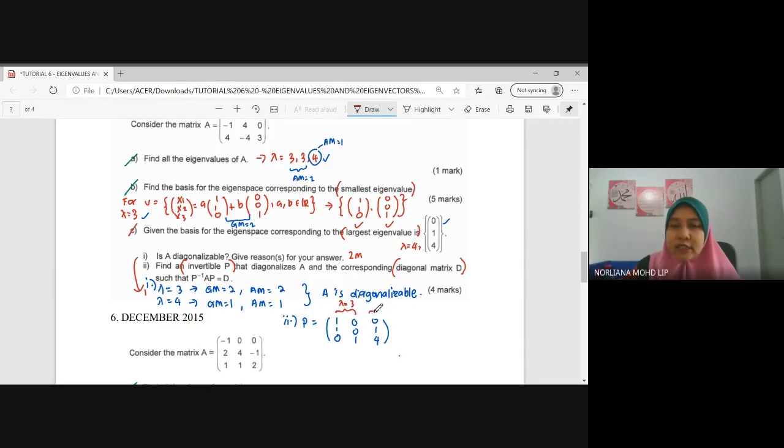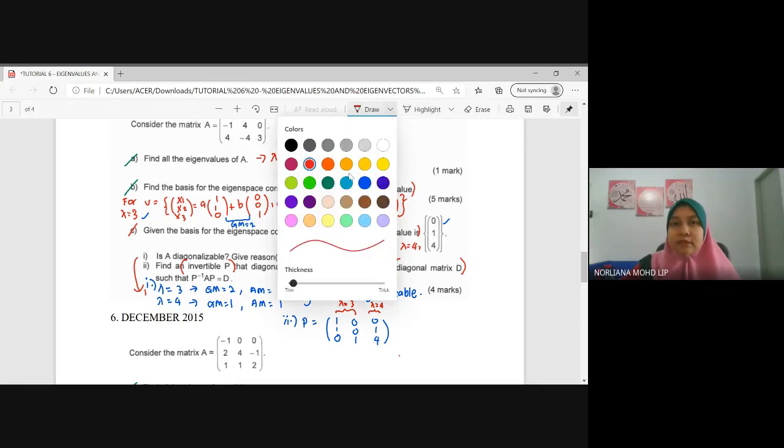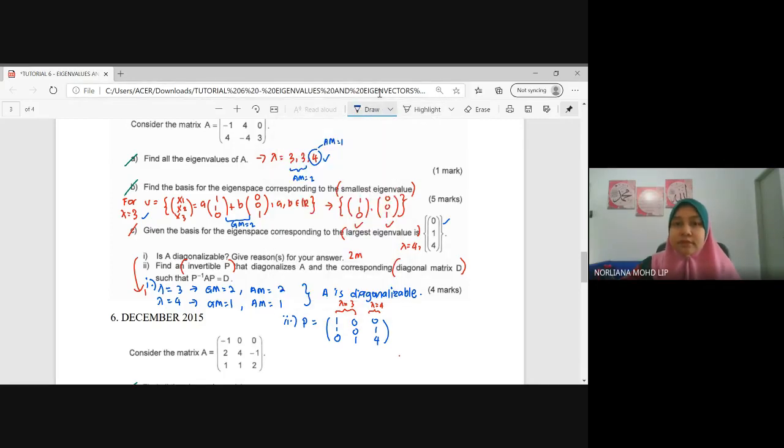This one is the eigenspace for lambda equal to 4. Ataupun nak susun terbalik. Susun lambda equal to 4 dulu pun boleh. So 0, 1, 4. 1, 1, 0. 0, 0, 1. Pun boleh.